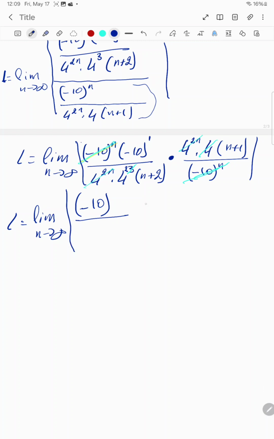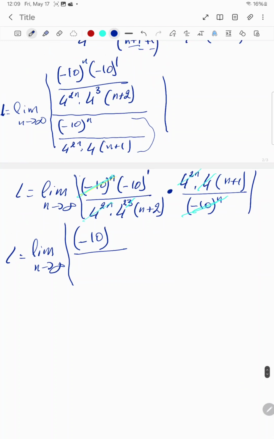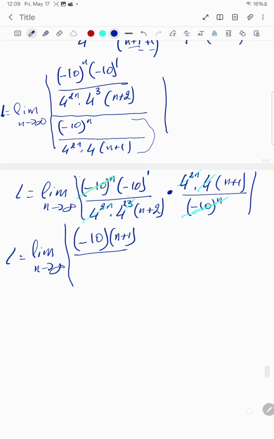I realized when I saw the minus 10. So let's start the absolute value here. Minus 10 and times n plus 1. And here 16. 4 to the power of 2 is 16. This is 16 times n plus 2.